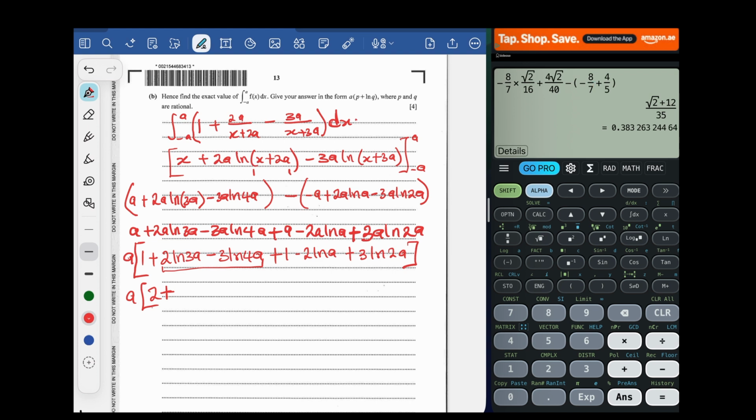So let's see how we can simplify these numbers. We can group, there's 2 here, there's 2 here, and I think I can group them. So I will just regroup these 2 and these 2: 2 ln 3a minus 2 ln a minus 3 ln 4a plus 3 ln 2a.